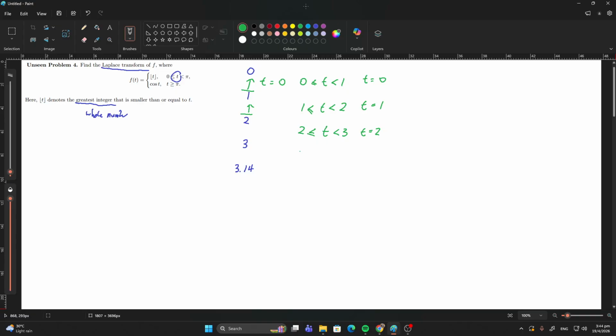And then last but not least, we have t less than pi. Instead of 3.14, I'm just going to write pi, since we all know what's happening. It equals 3. Okay, so as you can see, after writing it out, this becomes like an individual unit function on its own. But basically if I were to compile all these together, it becomes the original one that the question gives us.